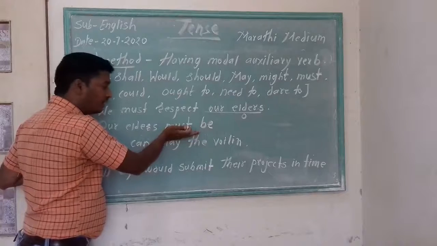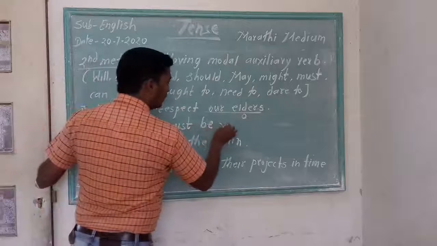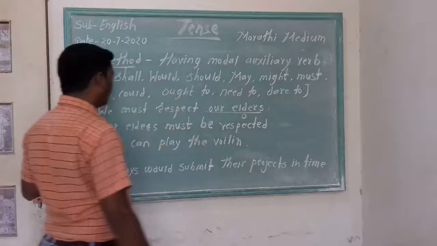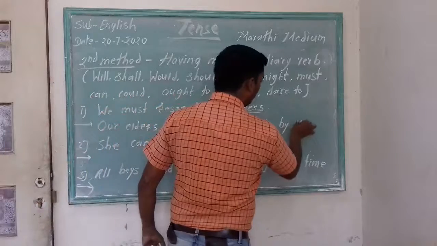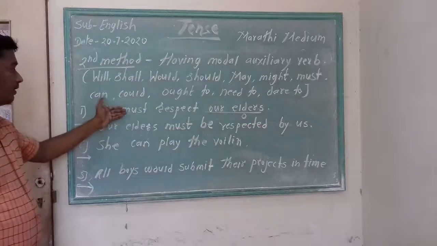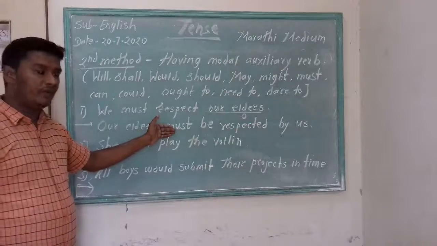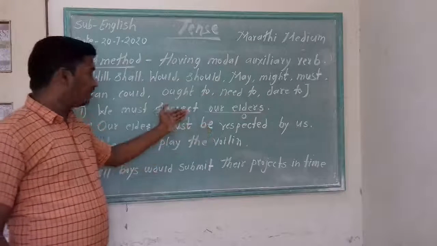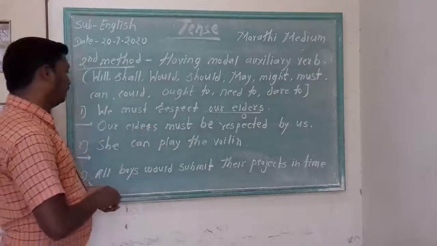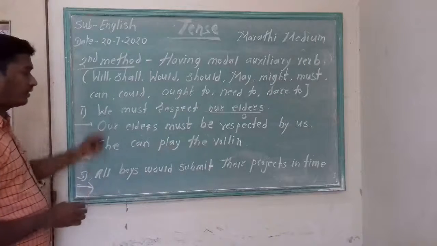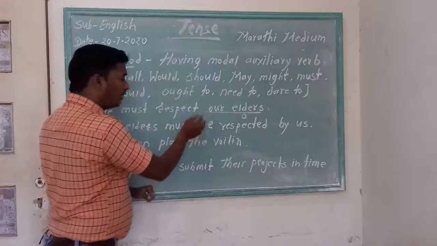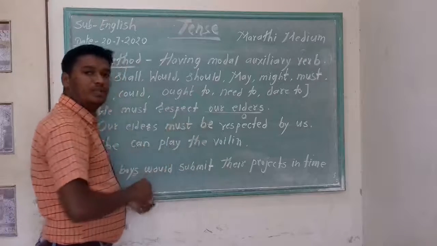Then respect into respected, the past participle of the main verb. Then put by, then we changes to us. Our elders must be respected by us. It is passive. It means all rules are the same. Just we have to take the additional word be after the modal auxiliary verb.